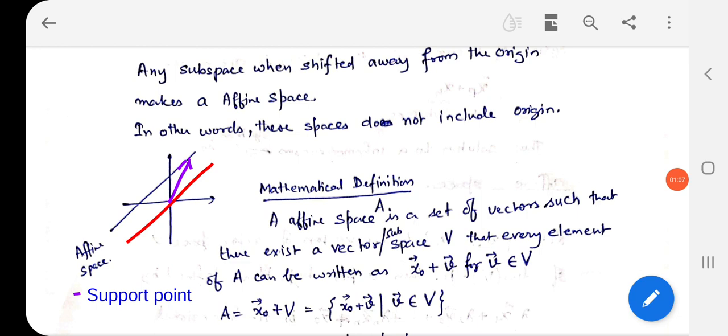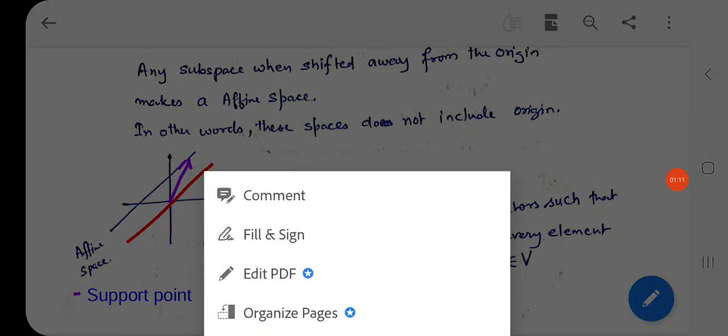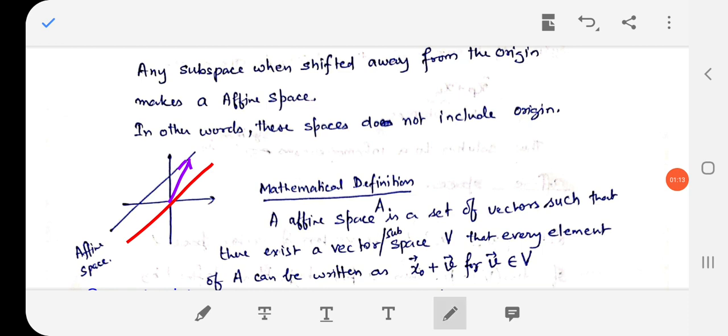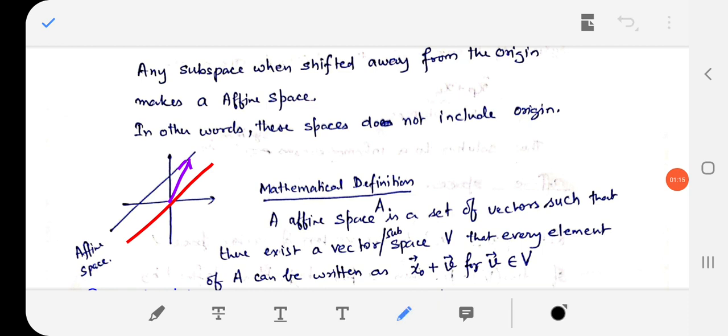So now you can see this red thing is a vector space because it is passing through the origin, and by a purple vector we have shifted it. And it again becomes a line.